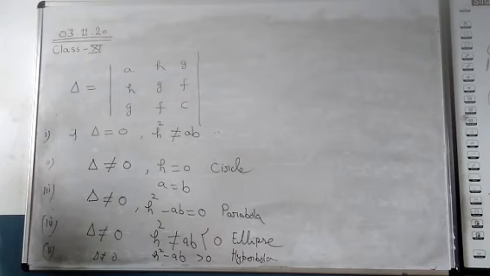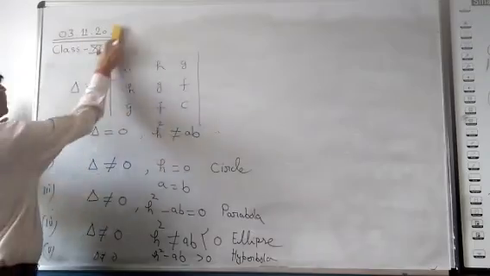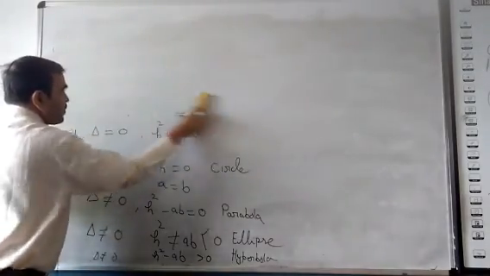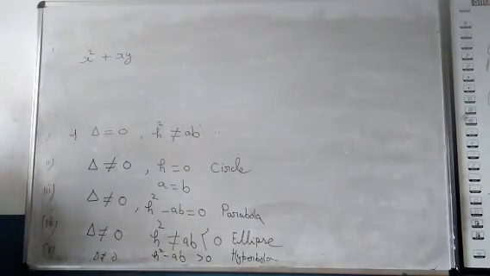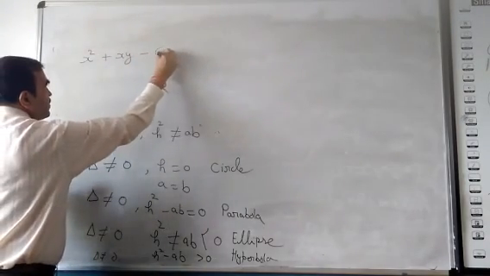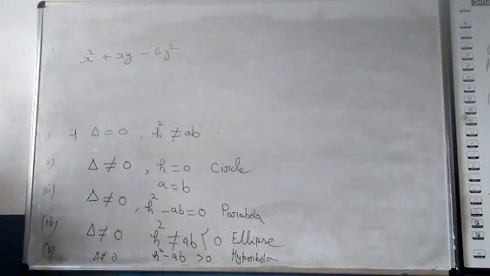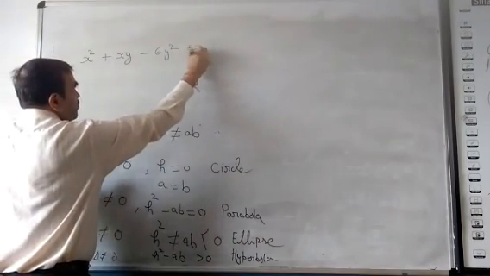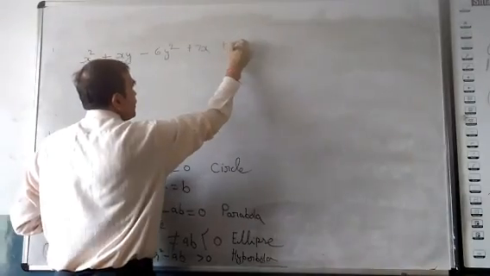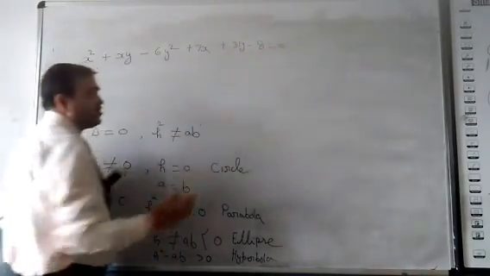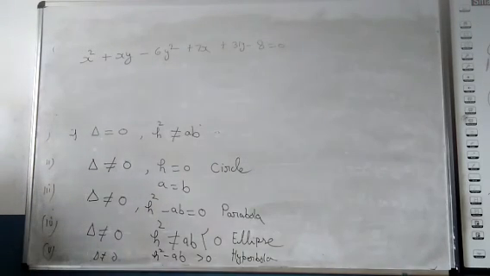Show that x square plus xy minus 6y square plus 7x plus 31y minus 8 is equal to 0 shows a pair of straight lines.